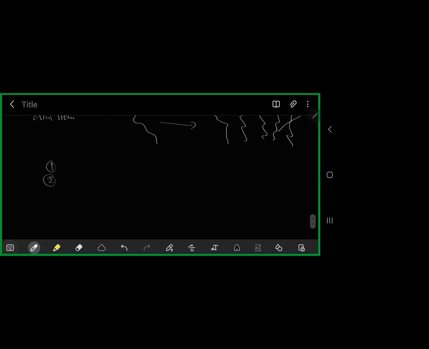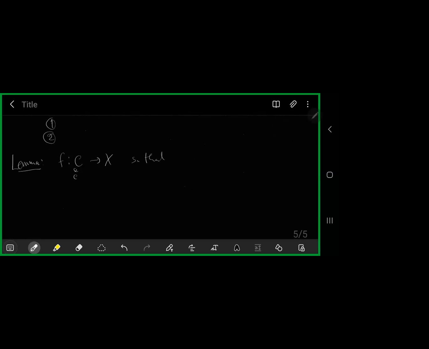Lemma one: say you are given a map from a curve to X so that the dimension of this space at F restricted to C, at a given map, so this is a point in this space.